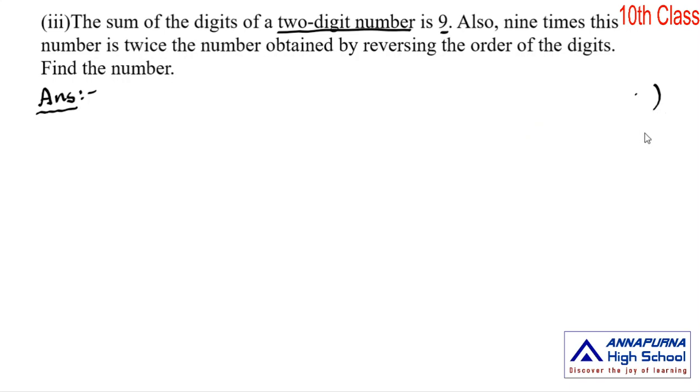So here what are the two unknowns? In the first condition, the 9 represents the sum of the two digits of the two-digit number. So here we take the two unknowns as the two digits in the two-digit number.